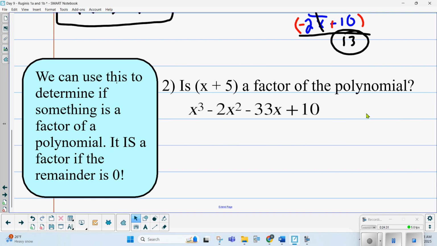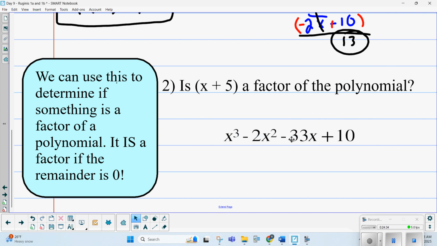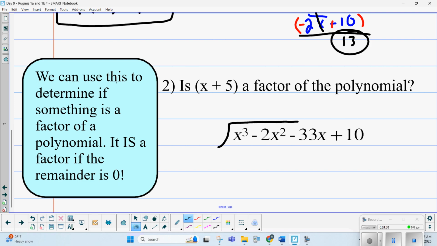All right. So I'm going to divide it here. Save myself a little time. Let's just copy that down there. I'm going to divide by x plus 5. That'll be x squared. Distribute, that'll be x cubed plus 5x squared.